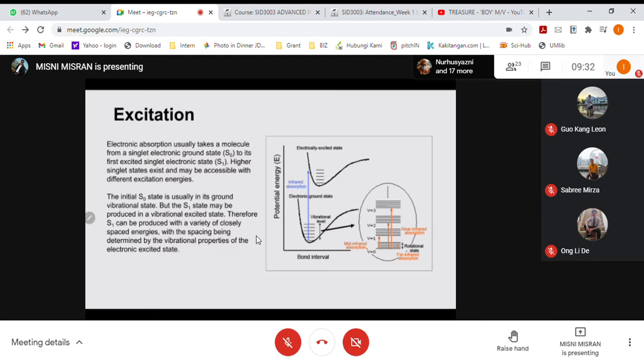There's a certain profile, and potential energy is the same like we did. And then you have the bond distance, between the two molecules, if the molecule undergoes a reaction.